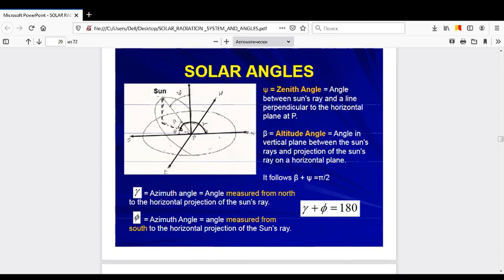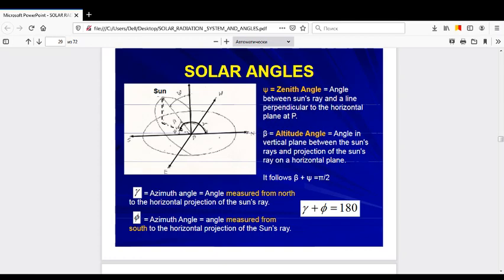The solar angles. Now, psi is the zenith angle and beta is the altitude angle. The zenith angle is the angle between sun rays and a line perpendicular to the horizontal plane at P. In the figure, beta is equal to the altitude angle in the vertical plane between the sun's rays and the projection of the sun rays on a horizontal plane.